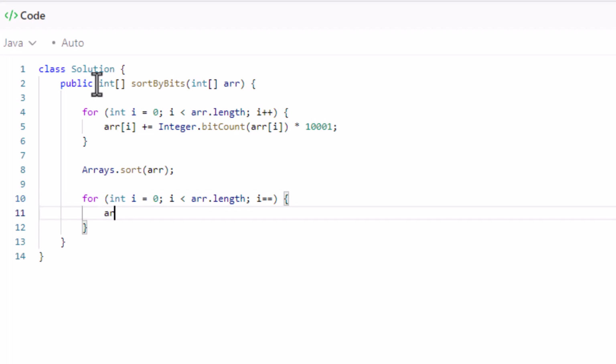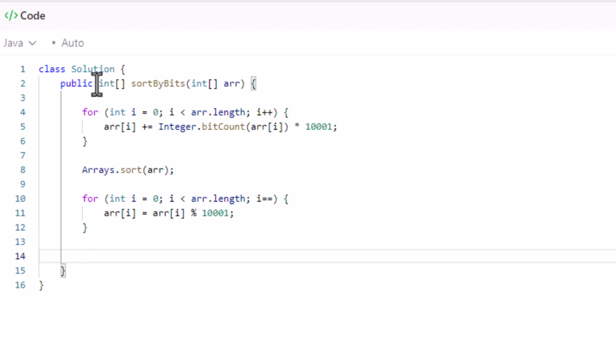We're just going to take each element in the array and convert it back. To do that, we're just going to use the modulus, which will take the remainder, which will give us the original value. And then we just need to return that. And that should give us the answer we need.